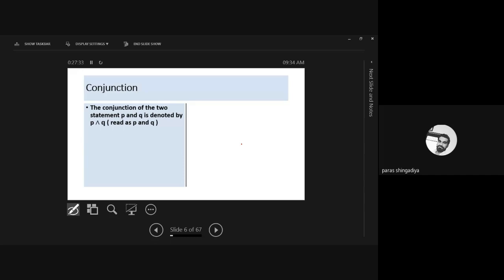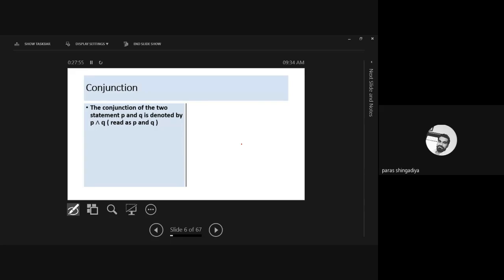It means when we apply the AND gate to any circuit, there is an AND gate between the circuit. There is one lamp and two switches. If both switches are on, then the current will pass. If any one switch is off, then the current will not pass.